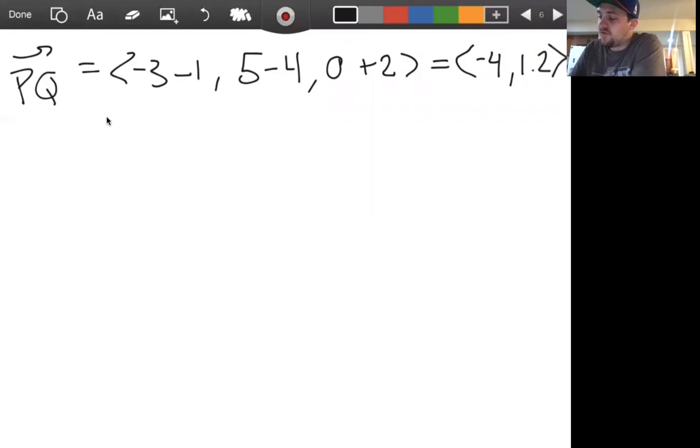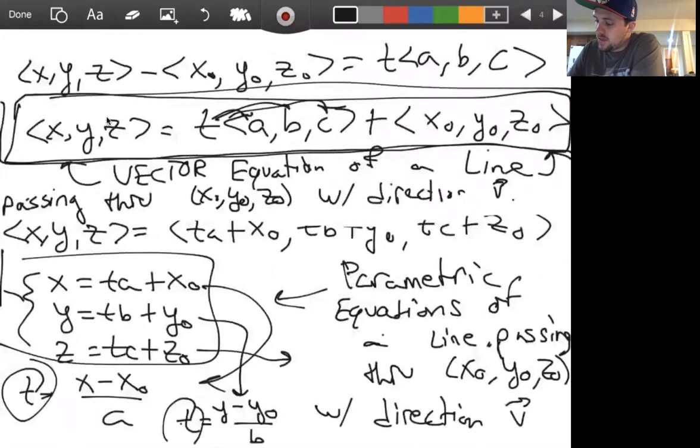Okay, and then in the formula, this is what we will use for our direction vector, which was ABC.